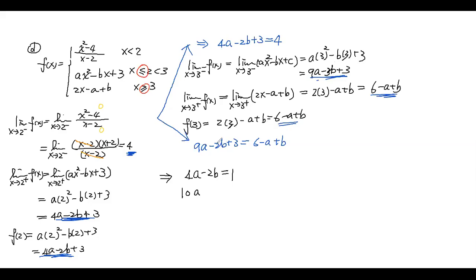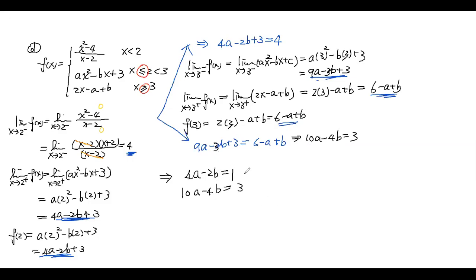So this is 3b. Then move it over, this will be minus 4b, so 10a minus 4b is equal to 3. Okay, so now I have two equations and two variables.